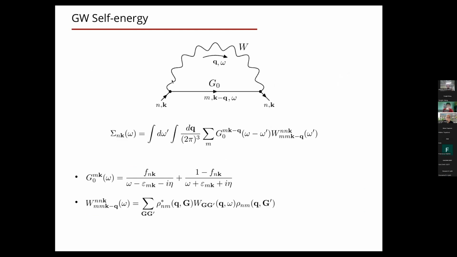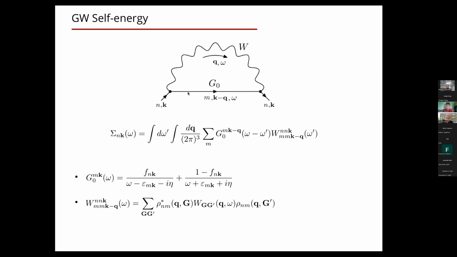So with the screening, we can now compute the self-energy, and the self-energy is described with this Feynman diagram here. So we have an incoming electron labeled by band index n and momentum k that scatters with itself through the screened interaction, which brings some momentum q and energy omega, while the electron passes through an intermediate state m.